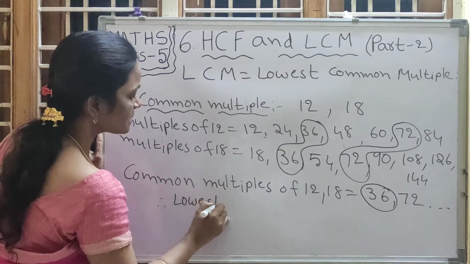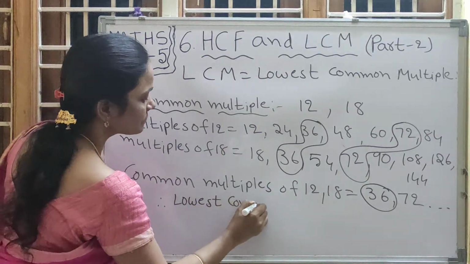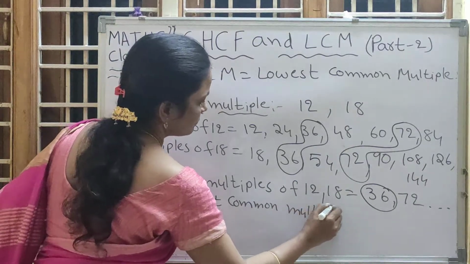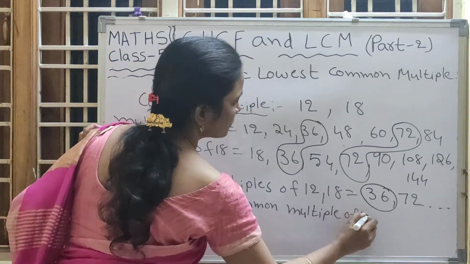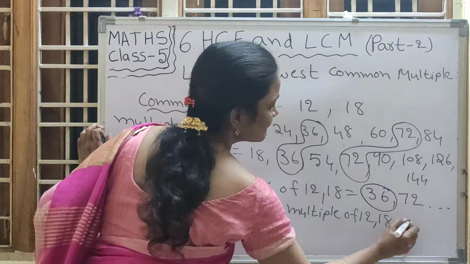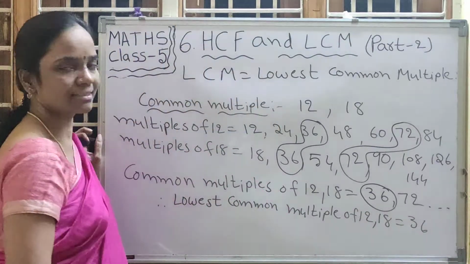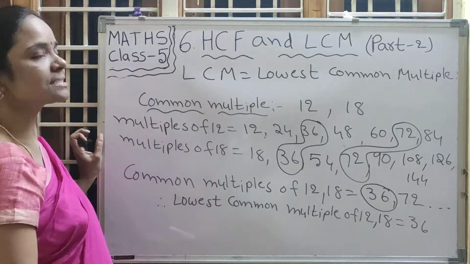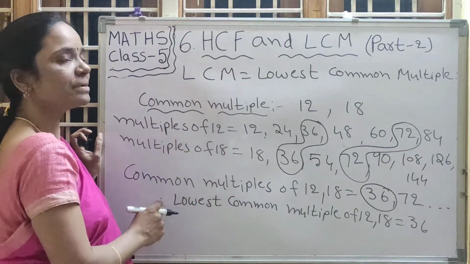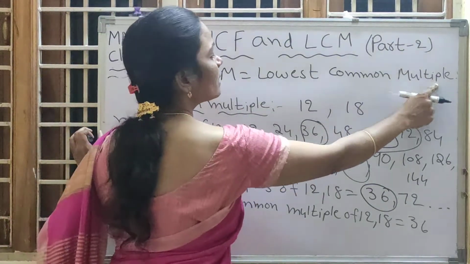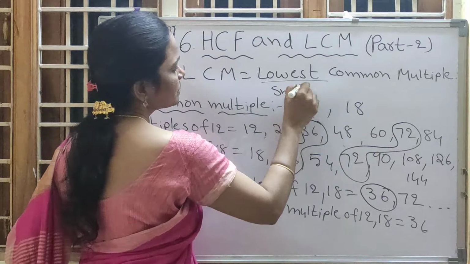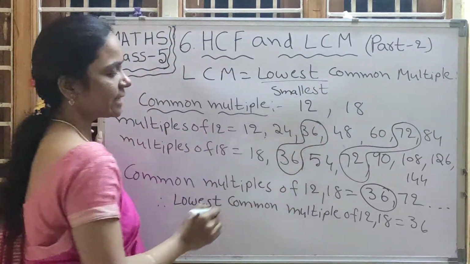The lowest common multiple of 12, 18 is equal to 36. Smallest common multiple is 36. So this is our concept today. LCM means lowest common multiple. Lowest means smallest. Smallest multiple we have to take.